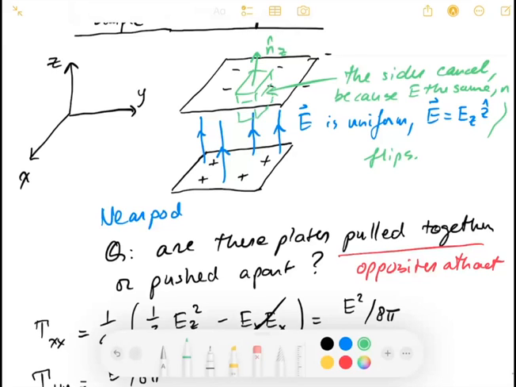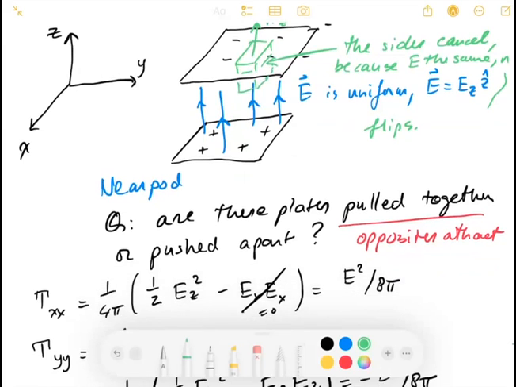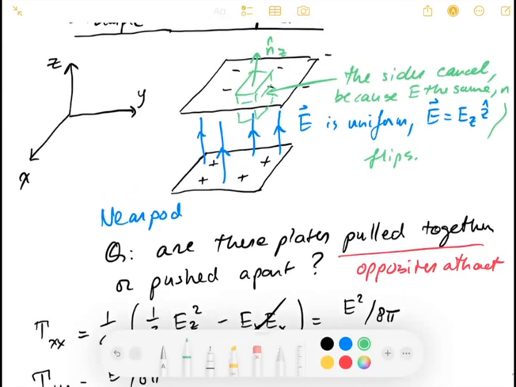Right, so then when you do your counting, you have a field tensor on the left, field tensor on the right, same number. So therefore, because the normals are pointing in the other direction, they cancel. Now, the only one that experiences some kind of a change in the field tensor is the face with the normal in the z direction.